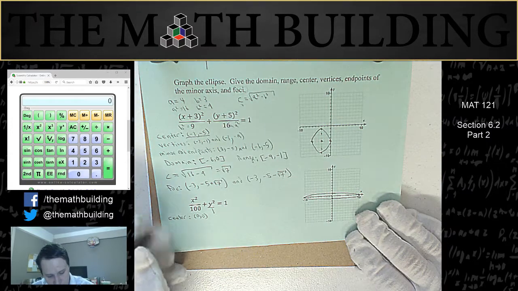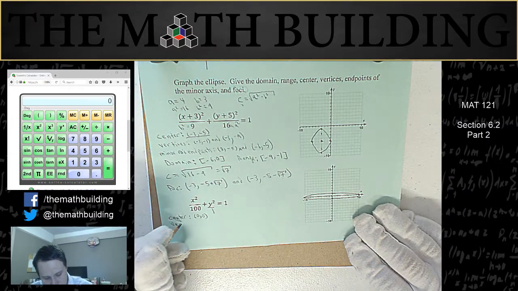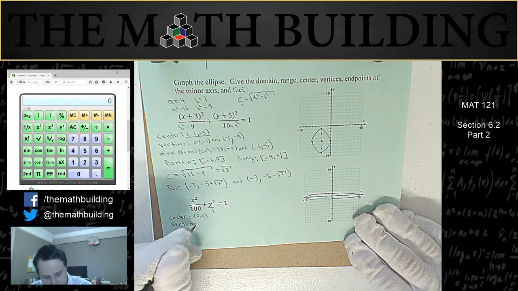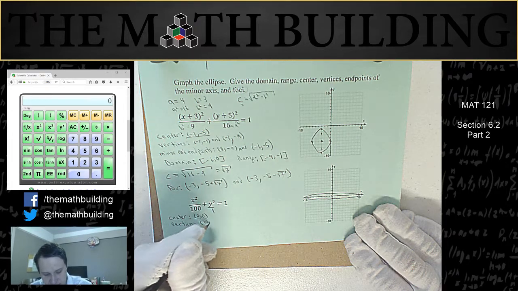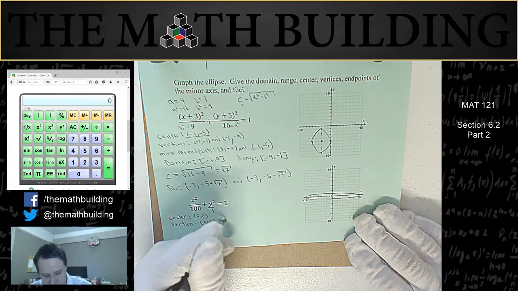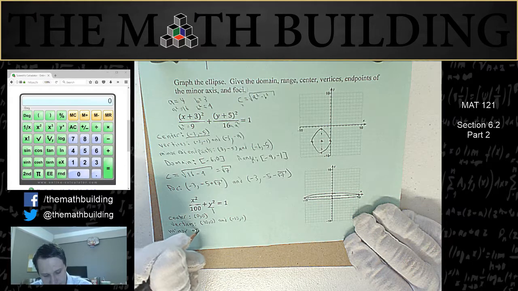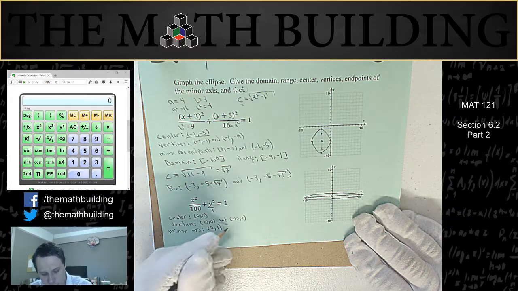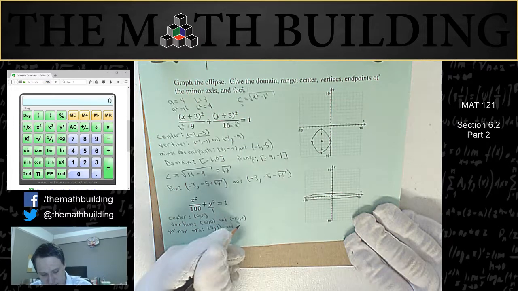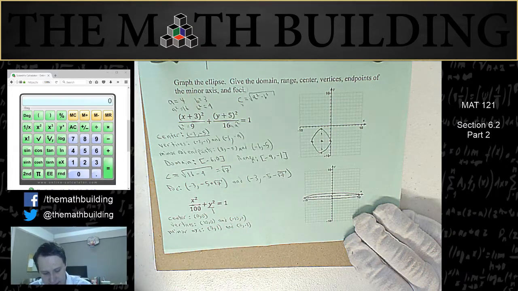All right, so the vertices, which are on the major axis, are going to be 10, 0, and -10, 0 in this case. The minor axis endpoints are going to be 0 for x, 1 for y, and 0 for x, -1 for y.